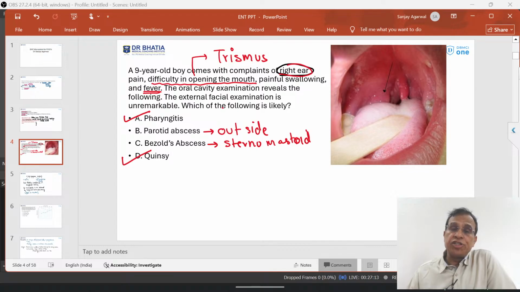So what will differentiate pharyngitis from Quinsy in this particular case is the image. If you look at the image, the arrow is clearly showing the tonsil on one side is enlarged, and that means this is something to do with the tonsil. Either it is tonsillitis or something related to the tonsil. Since tonsillitis is not given in the choices, it cannot be that. So what is left is Quinsy. So Quinsy is the correct answer in this particular case.